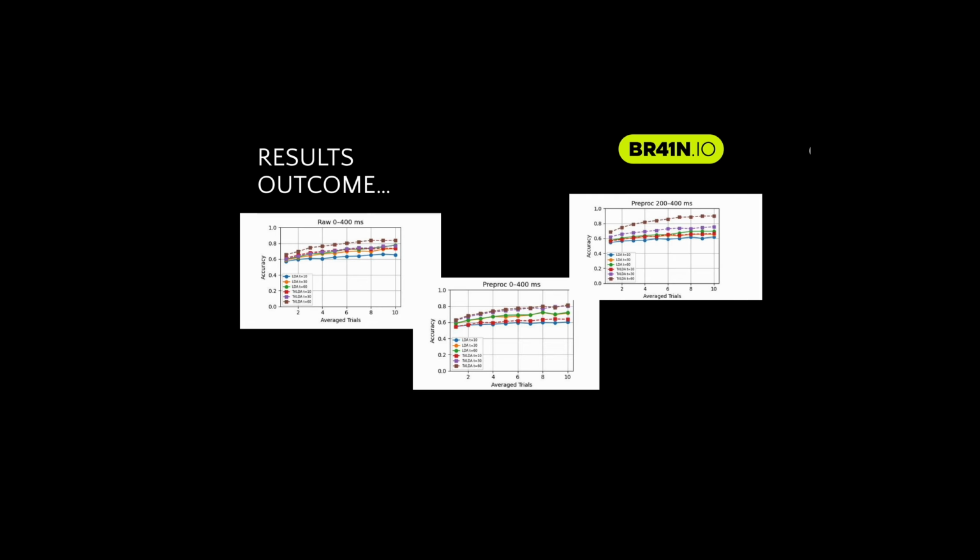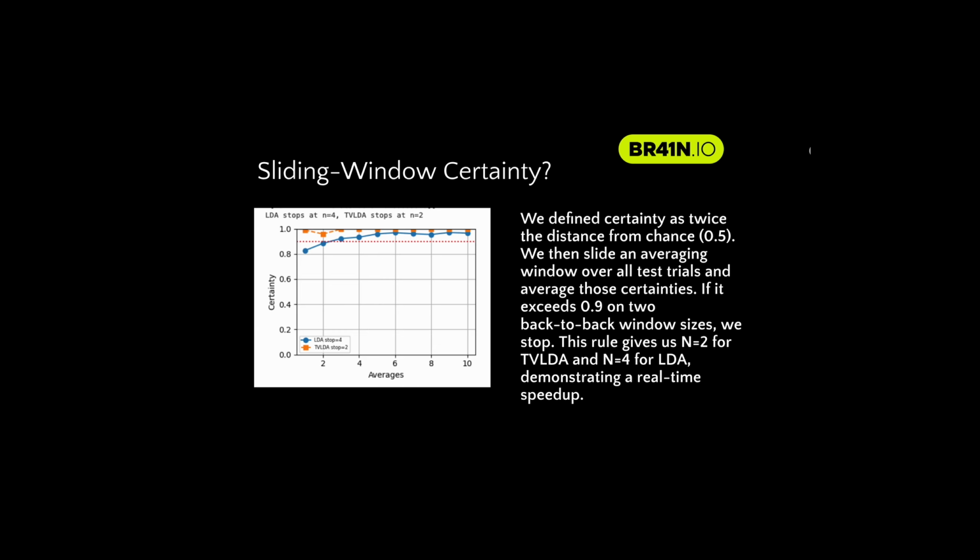But by adding the standard preprocessing, we see that LDA's curve smooths and shifts up by 2 or 3% probably, and that TVLDA still requires fewer flashes. And narrowing down the window, in the third graph, we see that the LDA gains another 2 to 3% and that the TVLDA hits a very good target.